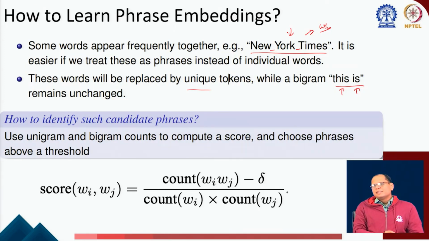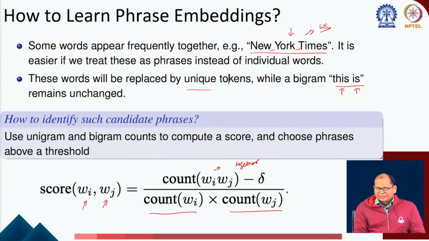The idea is very simple. It's very similar to distributional semantics. We need to find out which of such pairs occur very frequently, and for that you can use a measure inspired by, say, pointwise mutual information. Let's say we talk about bigrams. I have two tokens wi and wj, and they are occurring together. I'll count how often they occur together, and divide by the multiplication of their individual occurrences.